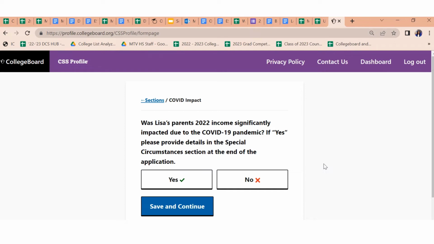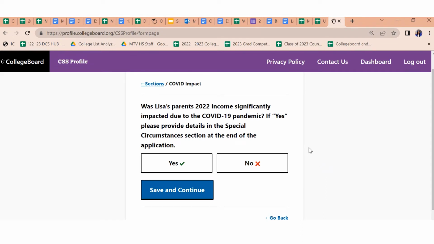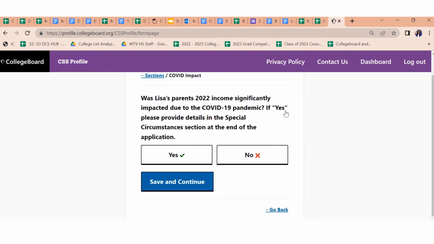If you are going to do that, you need to work with your college counselor to make sure that you are being very careful and explicit with how you are wording the details that you're providing. Please work with your college counselor to make sure that you are doing that in the best way possible. For this, I'm going to leave it blank because it's not required. So I'm going to click Save and Continue.